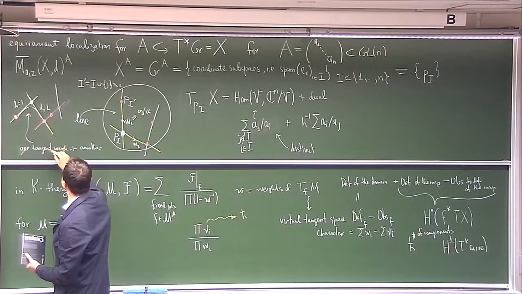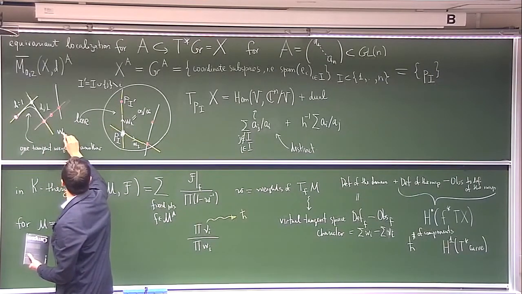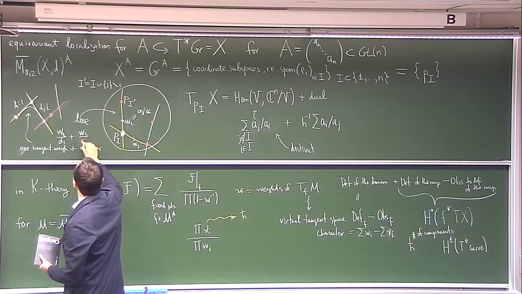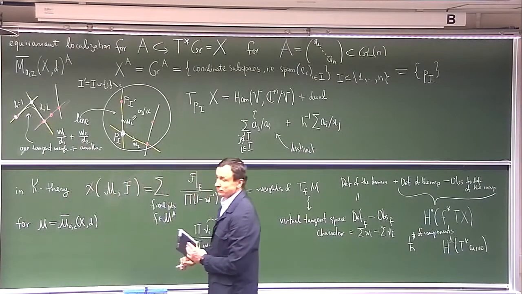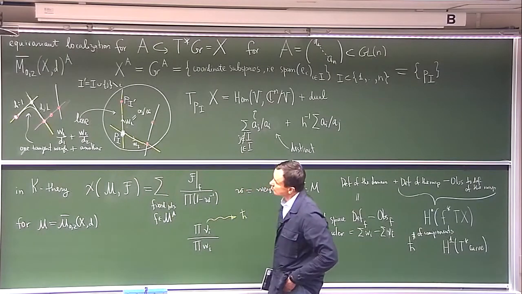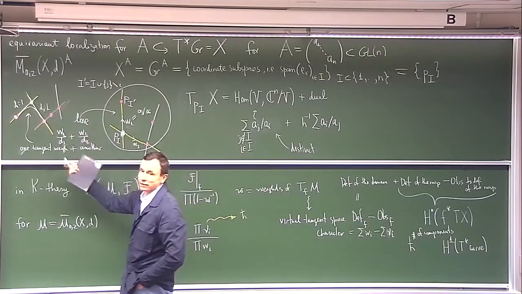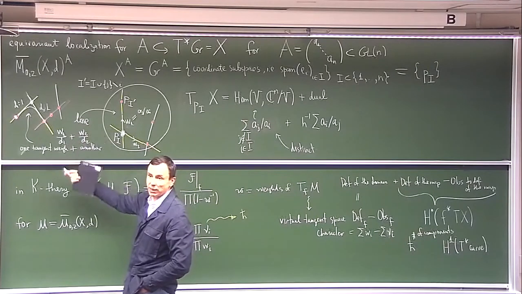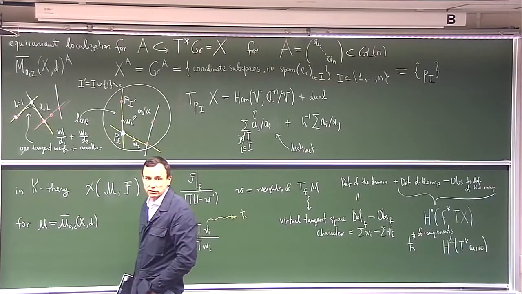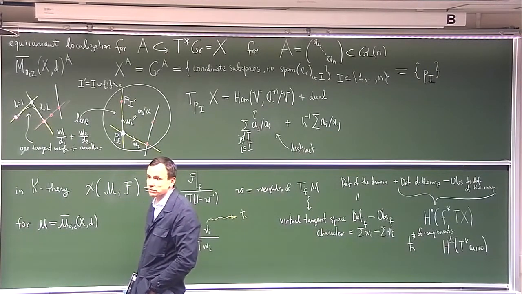So it really is w1 over d1 plus w2 over d2. In general, this guy may very well give you h bar. There's no reason for this not to.